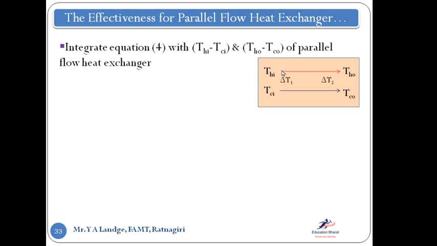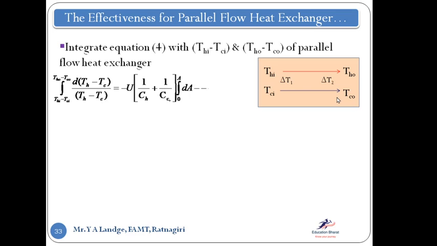So we consider area 0 here, and area A there. The lower limit is Thi minus Tci at area 0, meaning length 0, and at area A, meaning length L, it is Tho minus Tco.